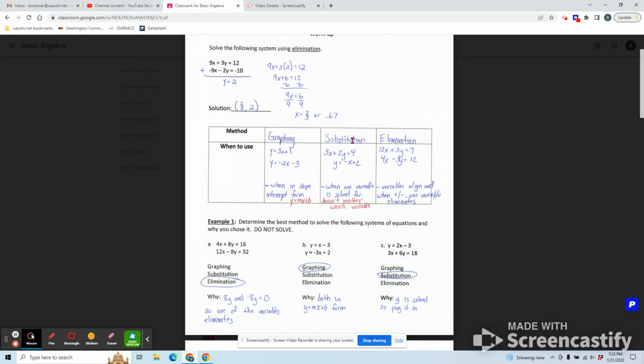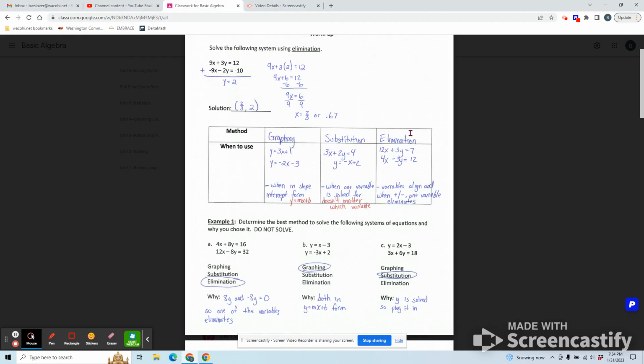For substitution, you want it when one of the variables is solved for. It doesn't matter which variable, whether it's x equals or, in this case, y equals. Because I have a y equals, and this is not set up for graphing, I'm going to use substitution.